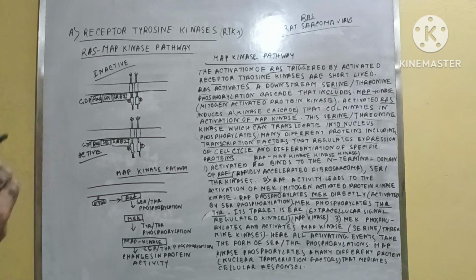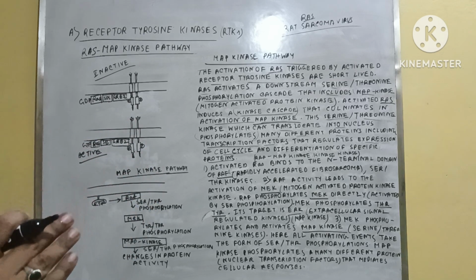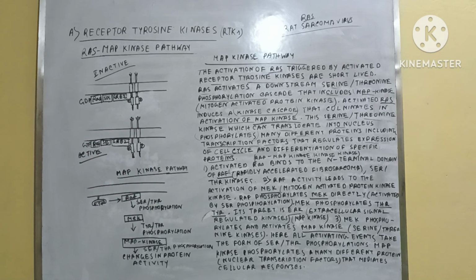So here, which are related to each other? Activated RAS, MAP kinase and serine threonine kinase. Okay, those three are linked, because if those three are not linked with each other, that means no phosphorylation process is seen here. Clear?